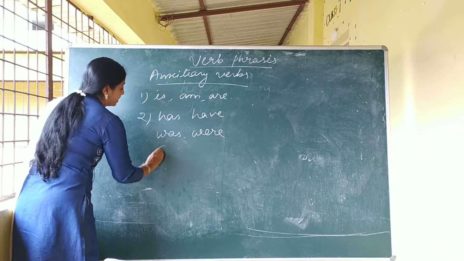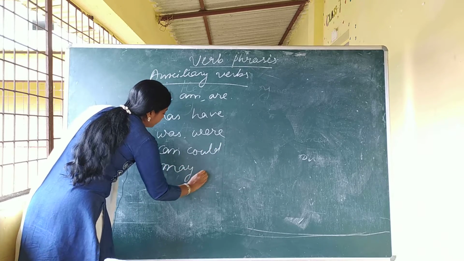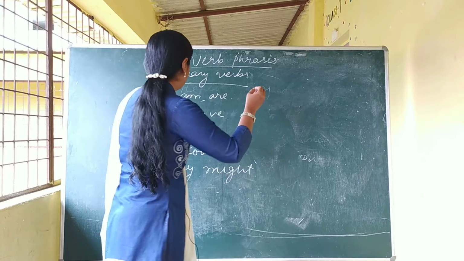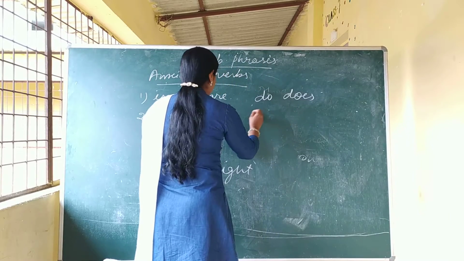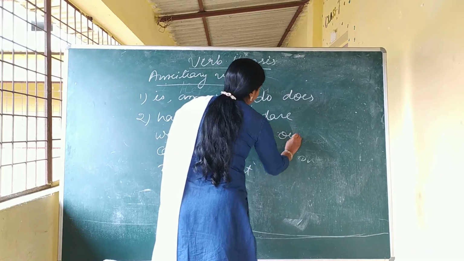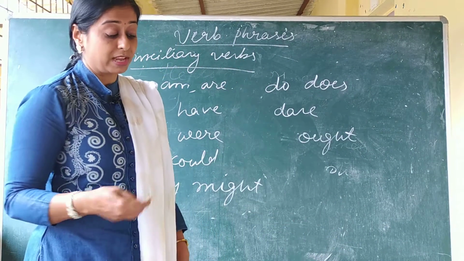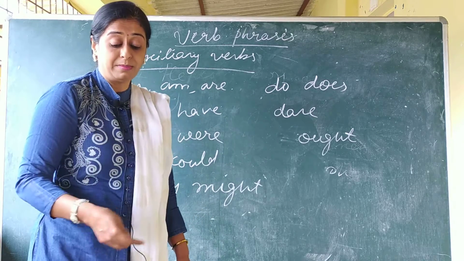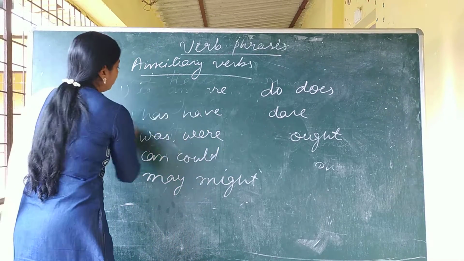Then comes can, could, may, might, then do, does, then dare, ought. Okay, these are all auxiliary verbs. Okay, so along with the main verb, these auxiliary verbs are added and then they become the verb phrases. Okay, simple sentences as we were doing before.